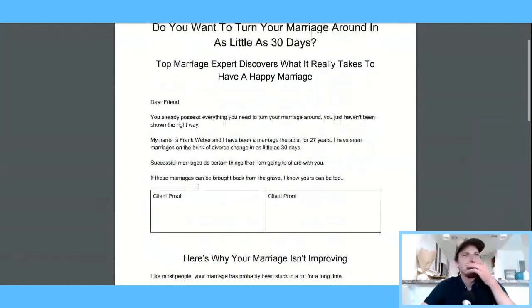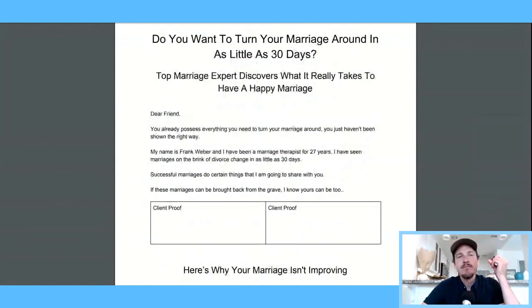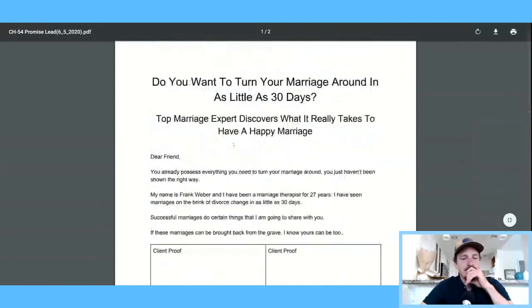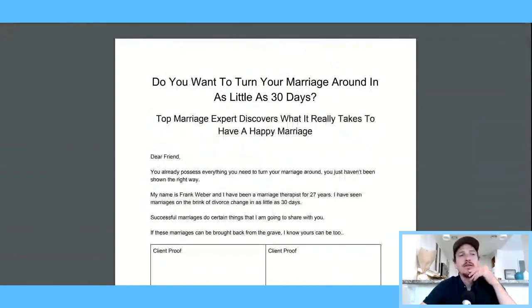And just generally, a couple things you want to think about with headlines like this. Turning your marriage around is not very specific, right? And as copywriters, often what we're going to be doing is working with audiences that have purchased things in the past or tried solutions in the past.